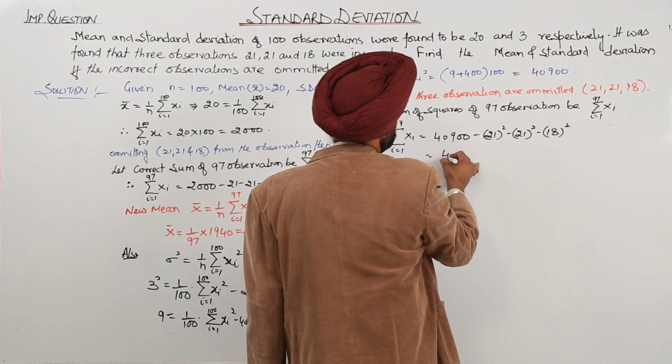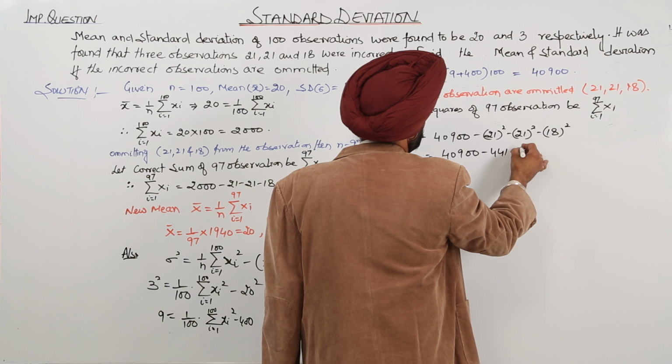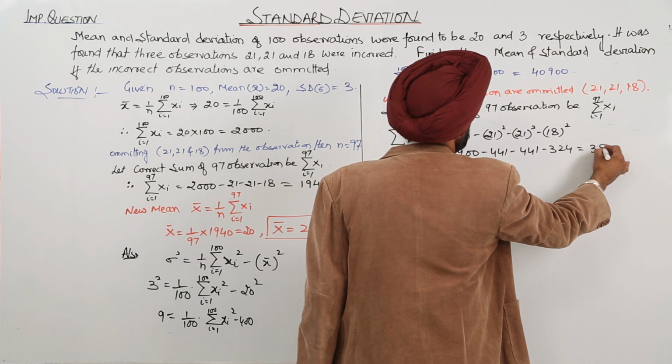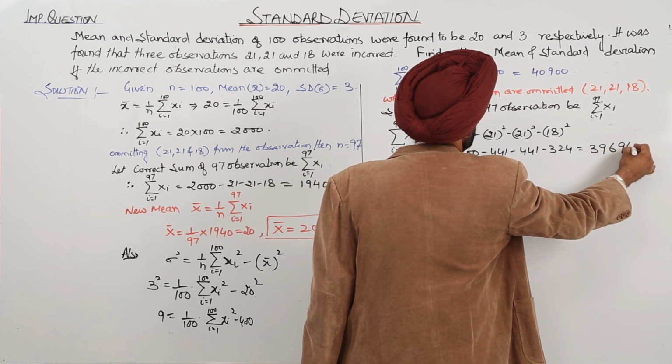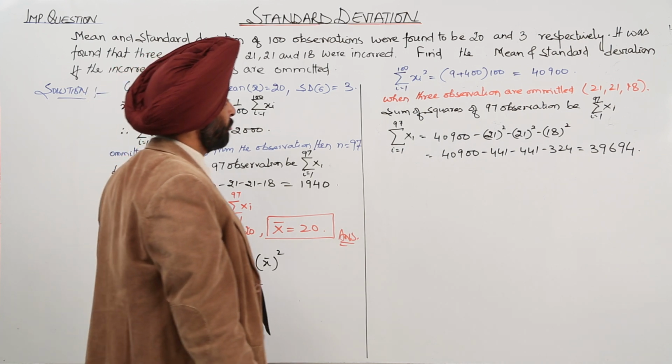So this becomes 40900 minus 441, 441 and 324. This is 39694.